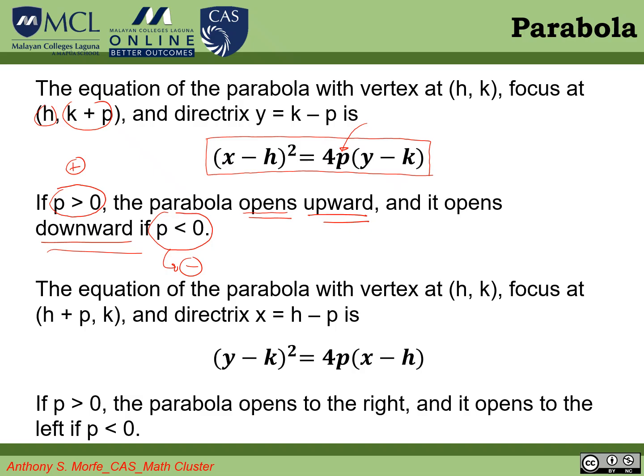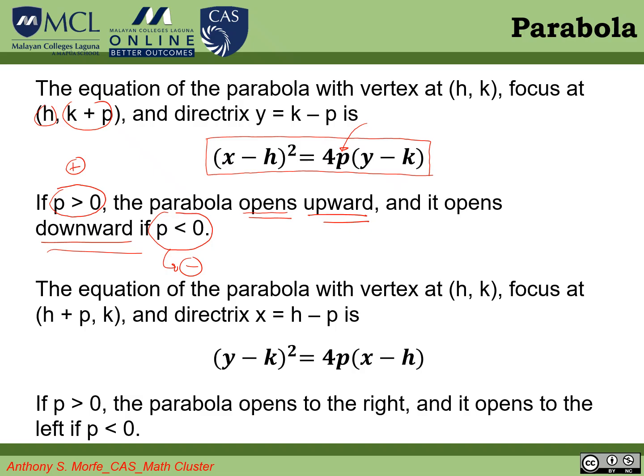So this time we have the y. When you expand this one, y is being squared, so the degree of y here is 2 and the degree of x here is 1. If this is the case, class, then the parabola opens either right or left.